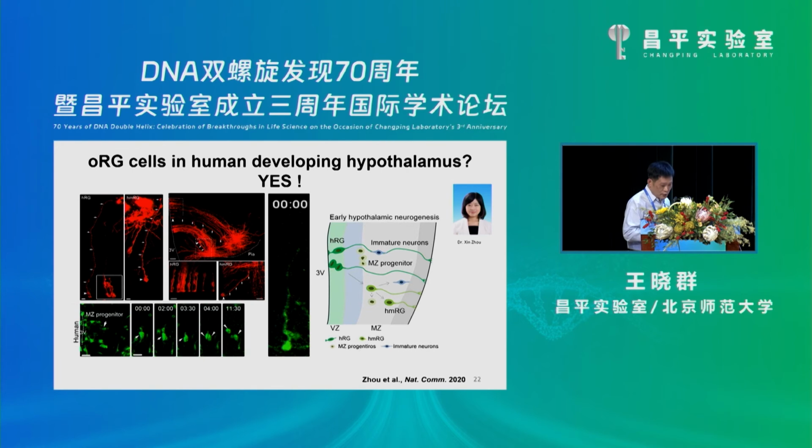If we do time-lapse imaging, we can also see a similar mitotic somal translocation pattern, which suggests that even in human development from the third ventricle, where the majority of neurons contribute to the different nuclear areas of the hypothalamus, there must also be a similar neurogenesis pattern, with different subtypes of neurogenesis functions to proportionally scale up the hypothalamus region.